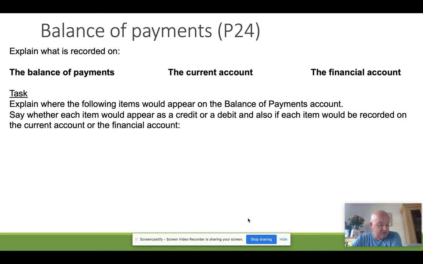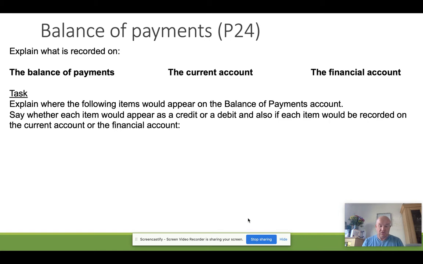So, first things first, a bit of a task for you. You'll see in your booklet that you've got a task which explains that there are a range of different examples, transactions that might happen on the balance of payments, and we want you to think about whether this is going to be a credit or a debit, and also whether you would record this on the current account or the financial account.